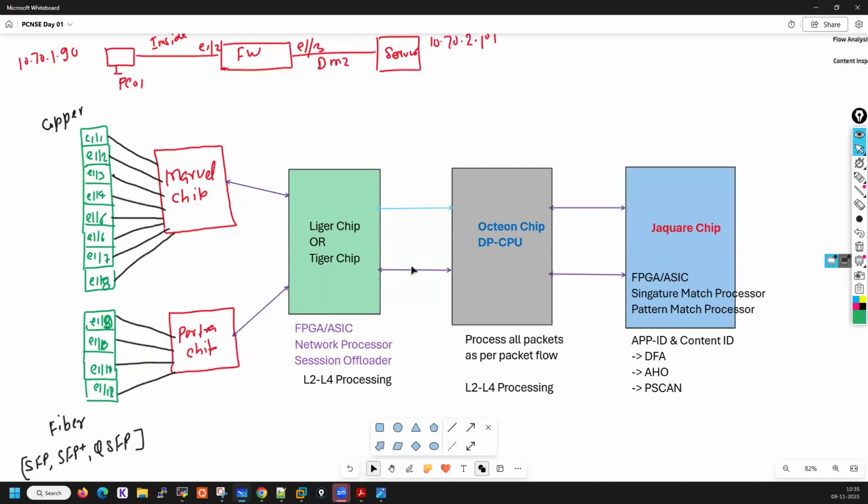Those particular links are the high speed fiber links in your Palo Alto firewall, and the name of those links is Joy links. Those are the Joy links.